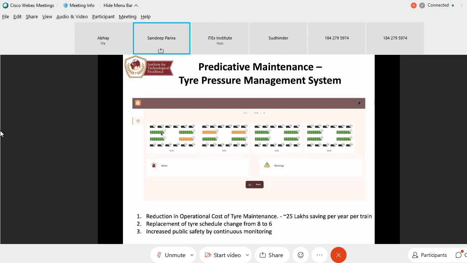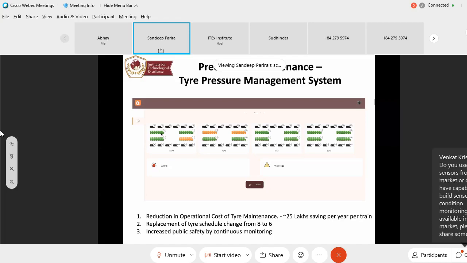So we used to create the RAG table: red, amber, green, right? Green means it is at an acceptable level. Orange or amber is a warning, and red means immediate attention is needed. It also sometimes compromised the safety of passengers, because sometimes a tire caught fire when the pressure was not good enough.